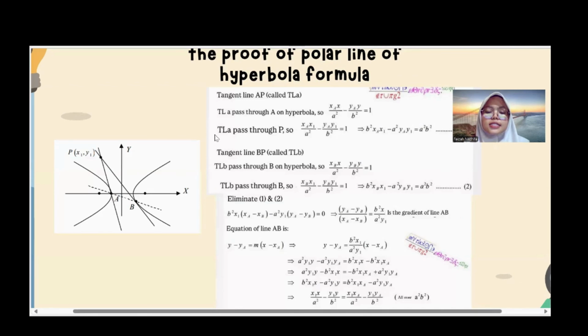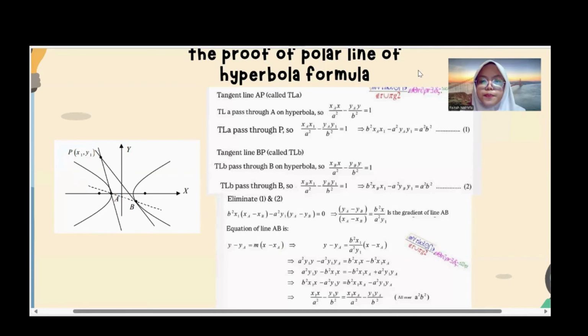And since TLA also passes through point P, which is outside the hyperbola, the equation will be like this. We substitute the values of point A and also point P, and we got this. Or we can change the form into this, and we call it the first equation.